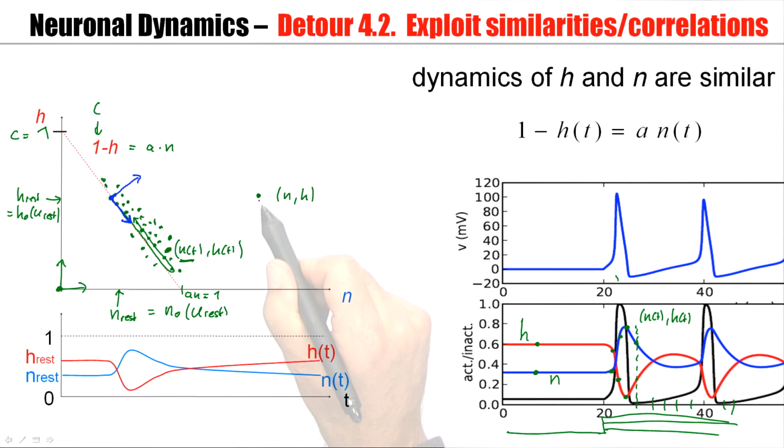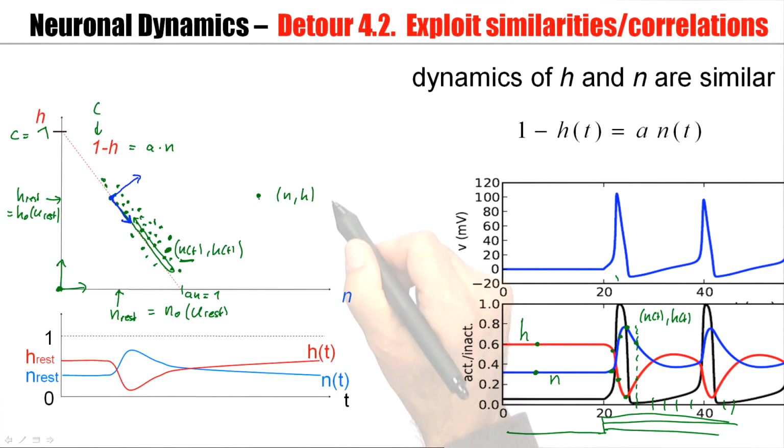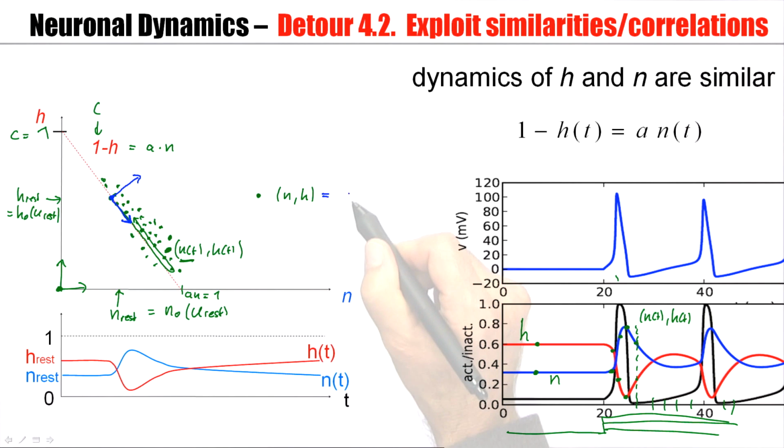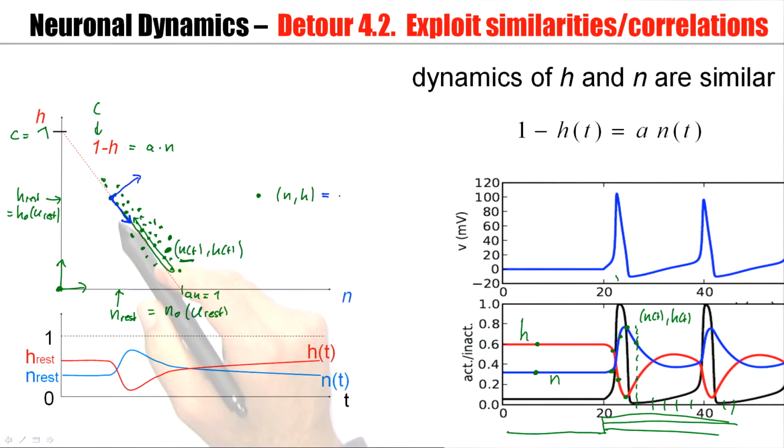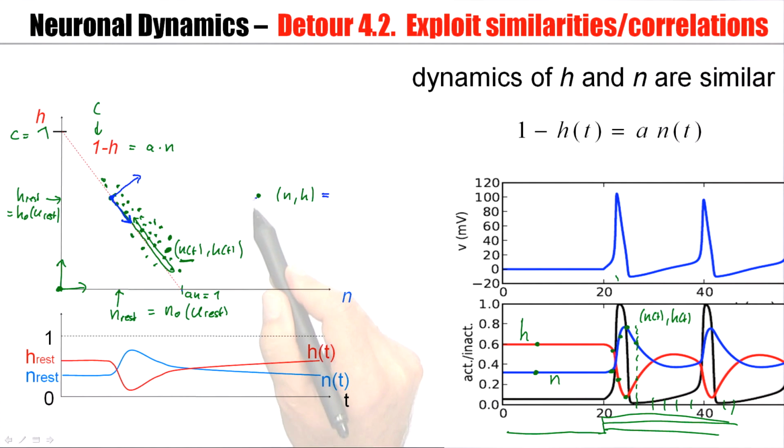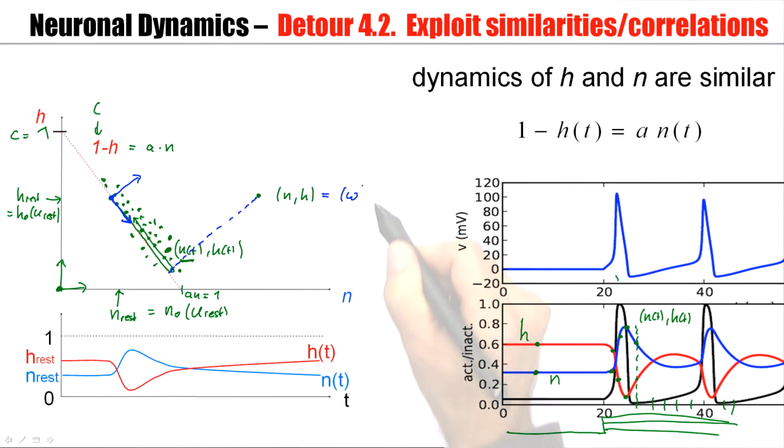And the same point that I have here can now be also expressed in this new coordinate system by its distance from this new origin along the red dashed line. That would be this value here. Let's call it w.